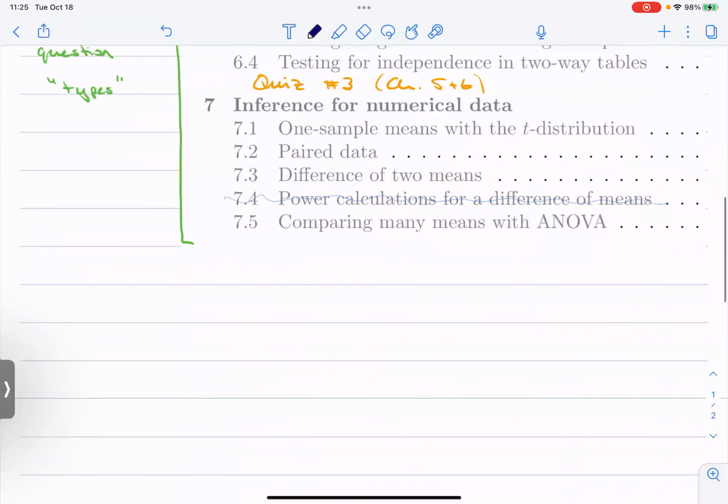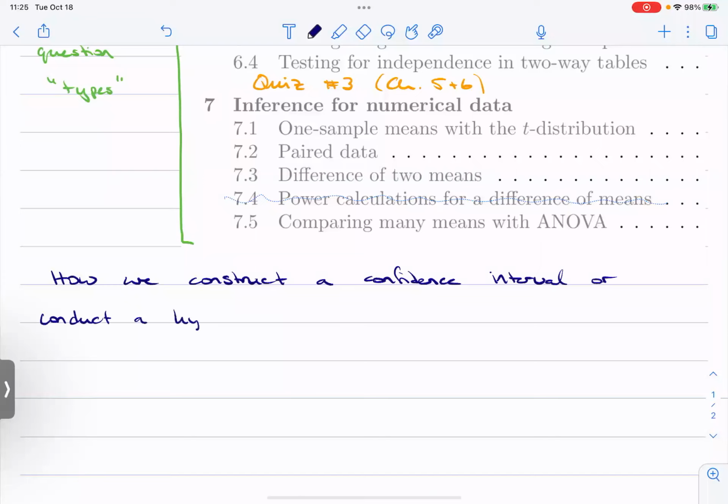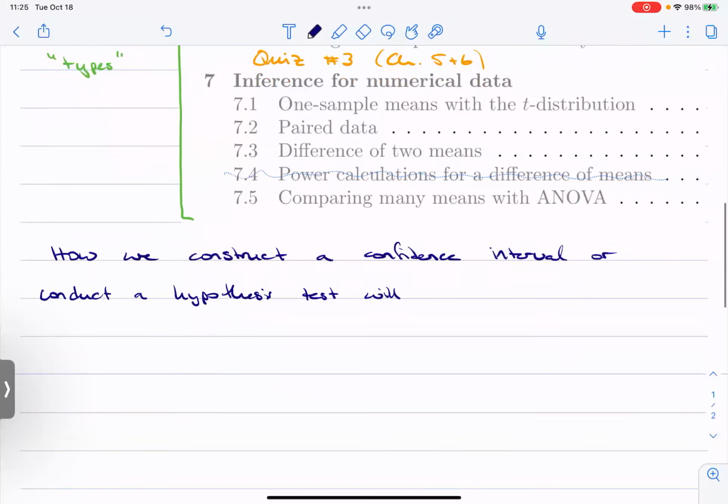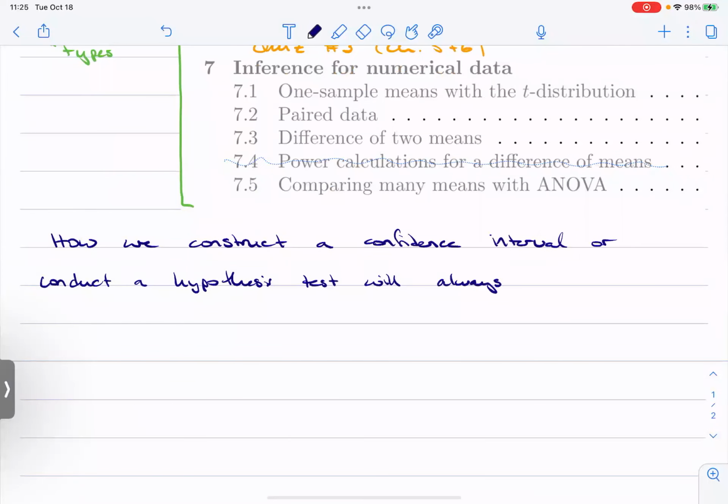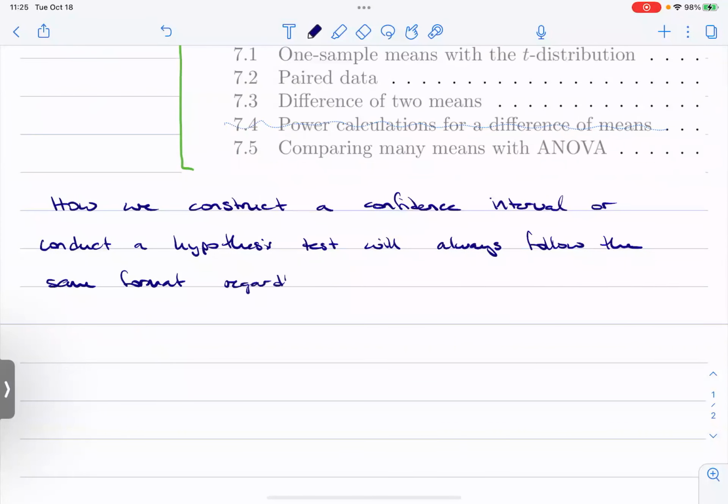So how we construct a confidence interval or conduct a hypothesis test will always follow the same format, regardless of the type of question we have.